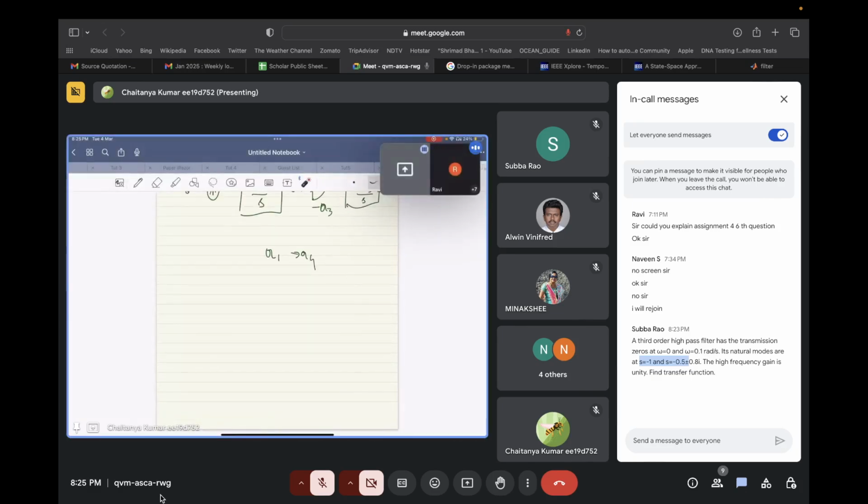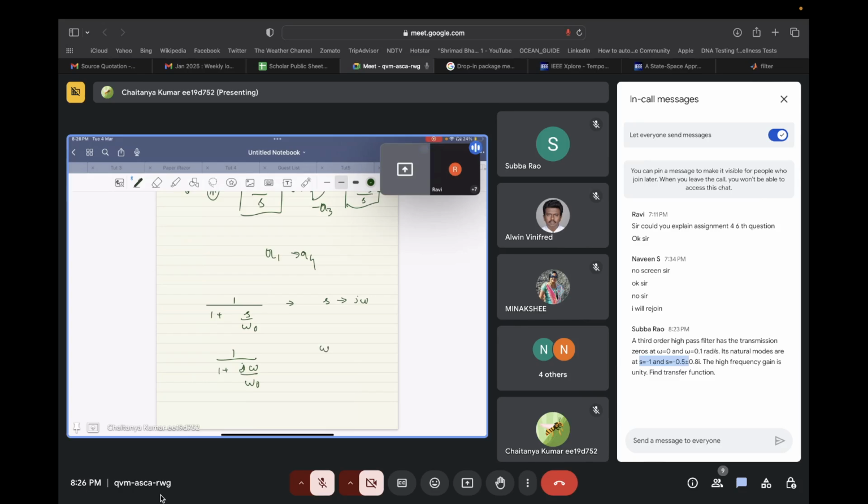Let's consider this low pass filter, 1 upon 1 plus s by omega naught. So this is a low pass filter. How is this a low pass filter? If we replace s by j omega, we have 1 upon 1 plus j omega by omega naught.